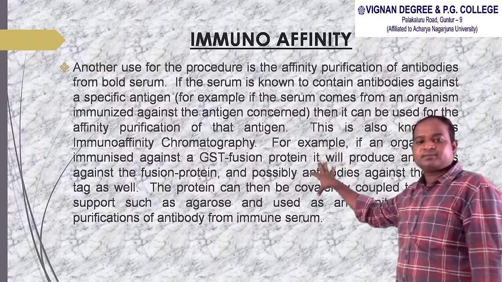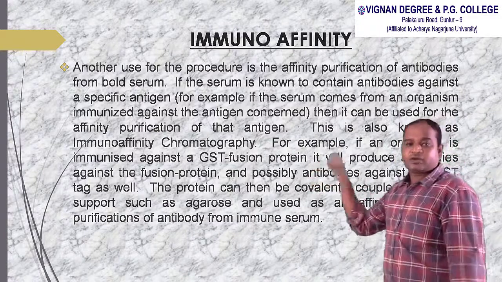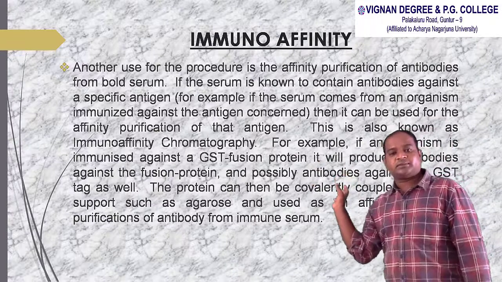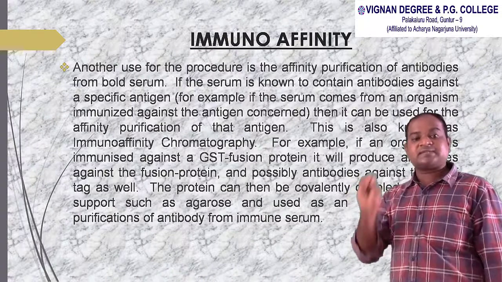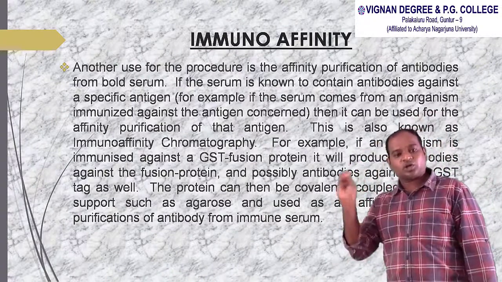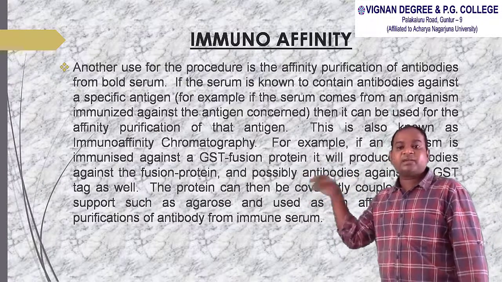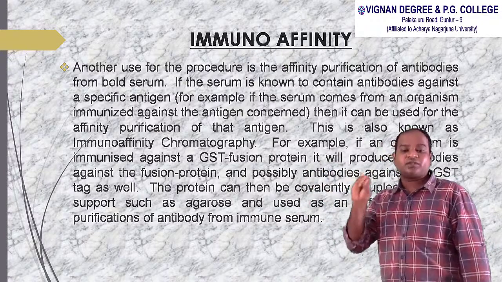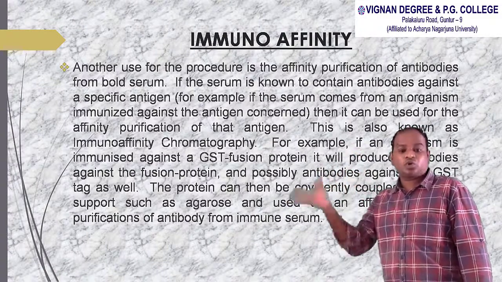In the procedure for purification of antibodies from serum, if the serum is known to contain antibodies against a specific antigen, for example, if the serum comes from an organism immunized against the antigen concerned, then it can be used for the affinity purification of that antigen. This is known as immunoaffinity chromatography.